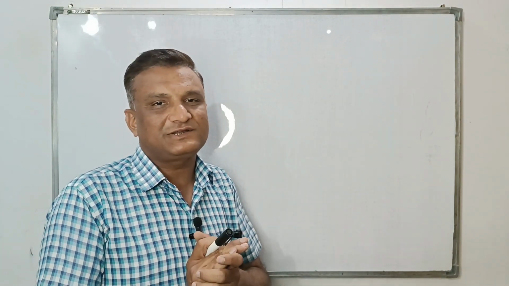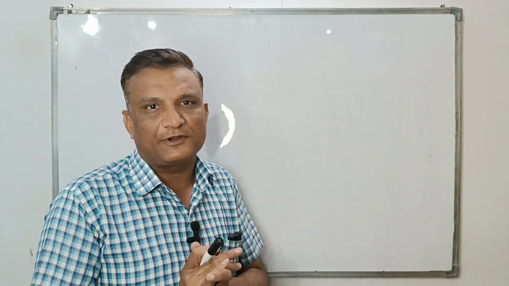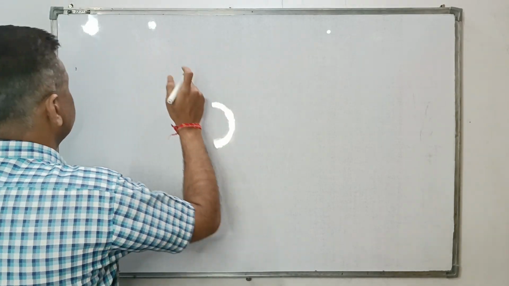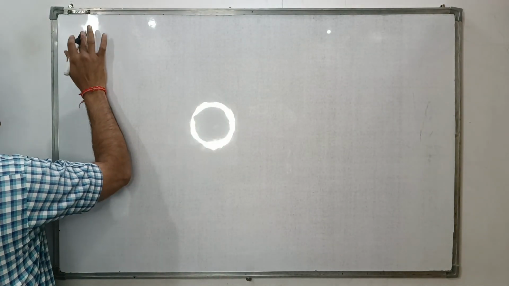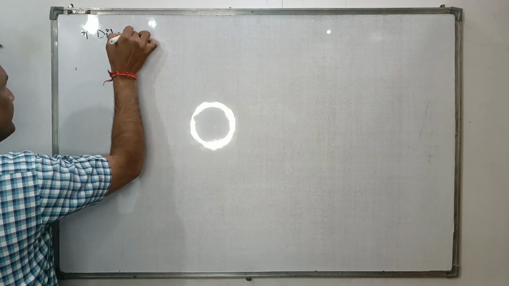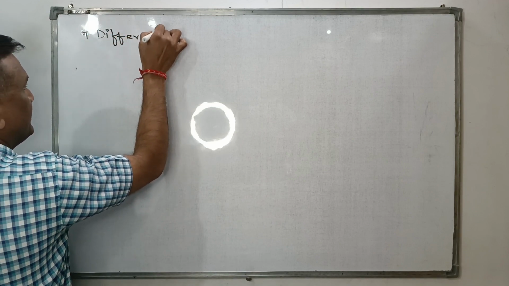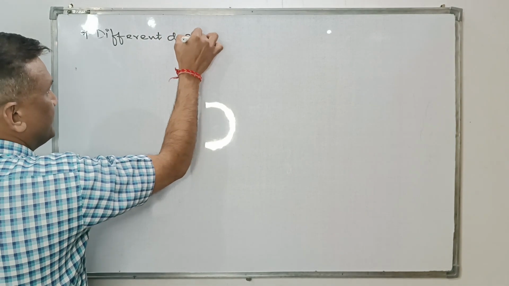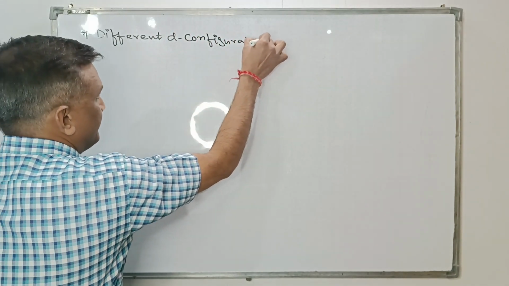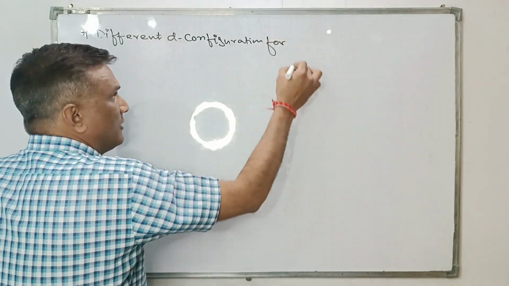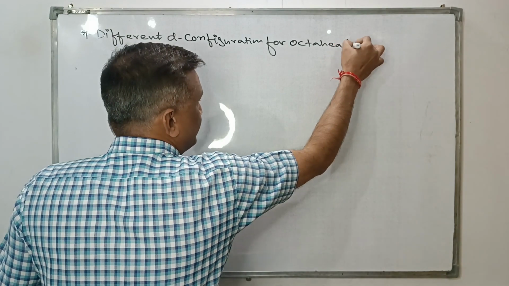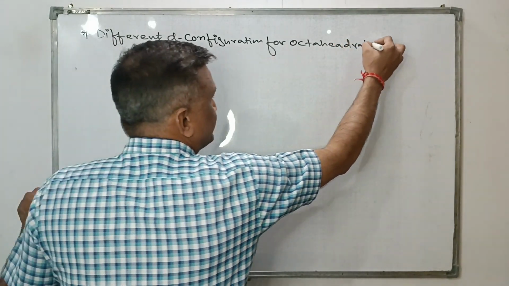Today we'll go with the different d configurations for the octahedral complexes. This is very important. This is the different d configuration for octahedral complex.